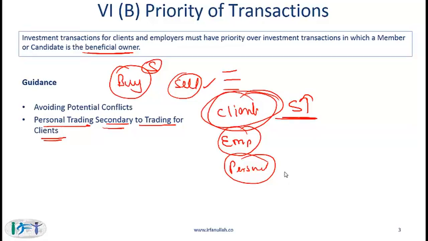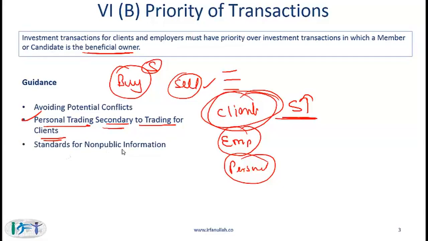If you did things the other way around, where you bought for yourself first and then for the employer and then for the client, there would be an obvious conflict of interest because then when you buy for the client, the stock price goes up and you have already purchased at a lower price. So that's why this point is extremely important.